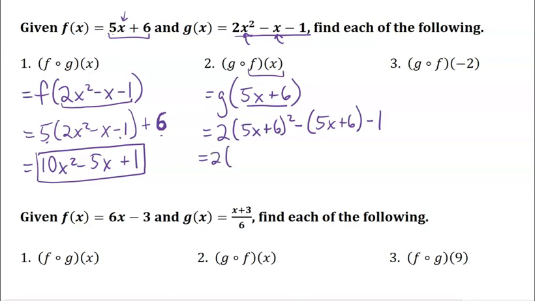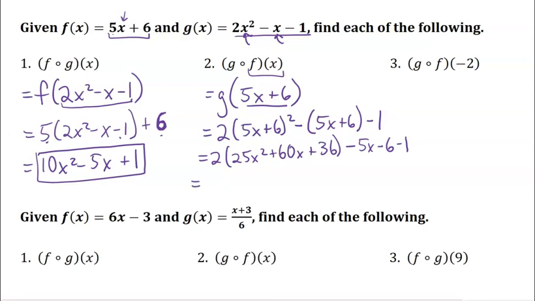So that's 2 times, and then when I square this, I square the first, so 25x squared, multiply them, 30x, and double it, so 60x, and then square the last, so 36. Minus, I'm going to distribute the negative here, so minus 5x minus 6, and then I still have the minus 1 right there.